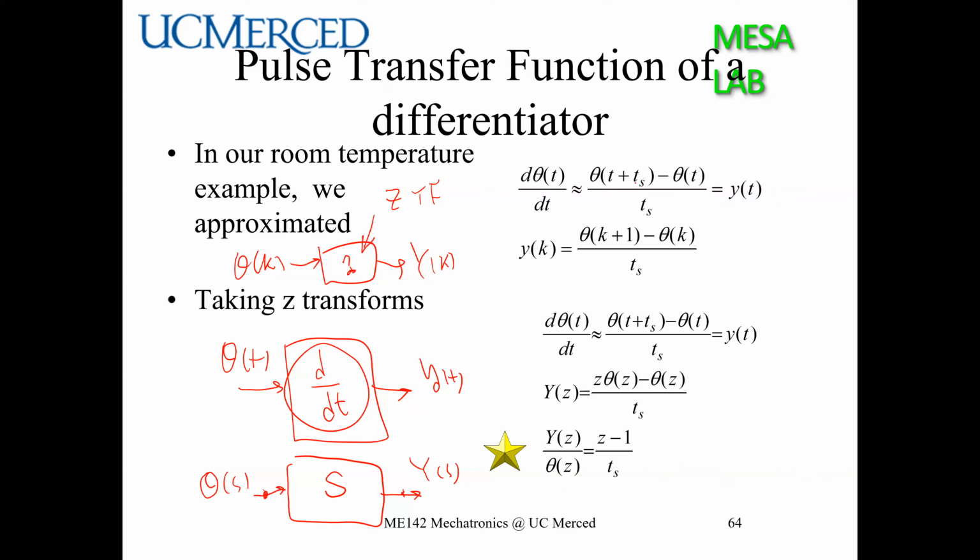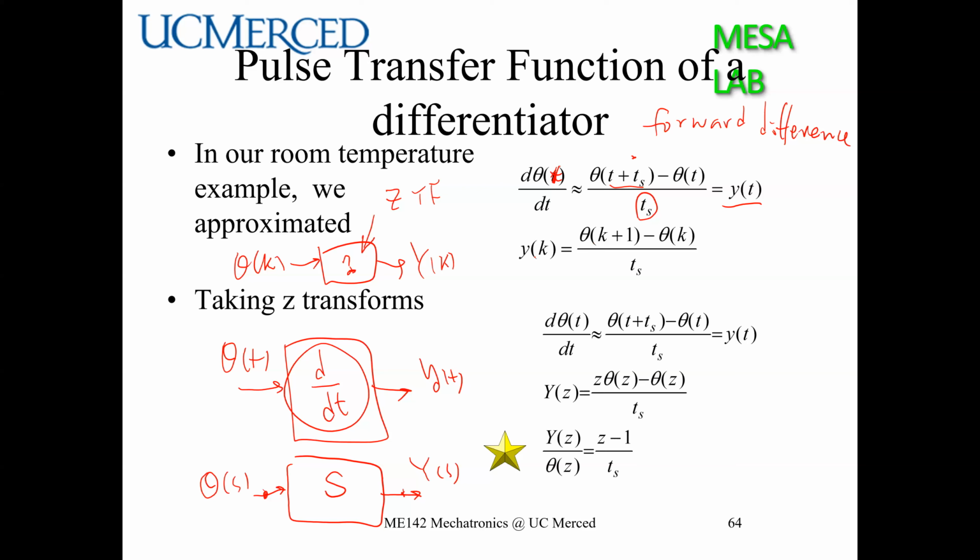So theta t plus T. So this is called forward difference. This t current is t, but I use the forward step minus the current one divided by the sampling period. Okay. So then this is my output.